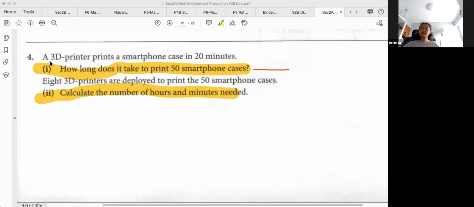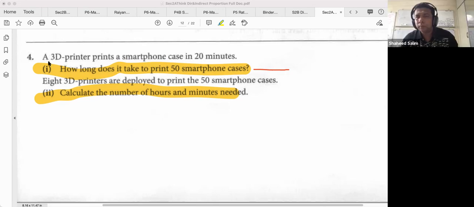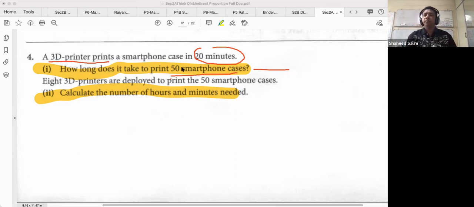You know what a 3D printer is? This prints objects. If one smartphone case takes 20 minutes, 50 smartphones, don't use inverse yet. Don't use inverse. It will take a longer time. You are saying with one printer, if I print more, I take a shorter time. Cannot be. This is now direct proportion.